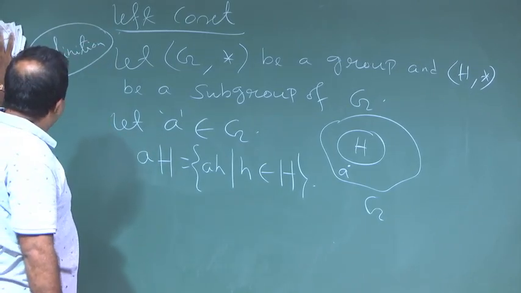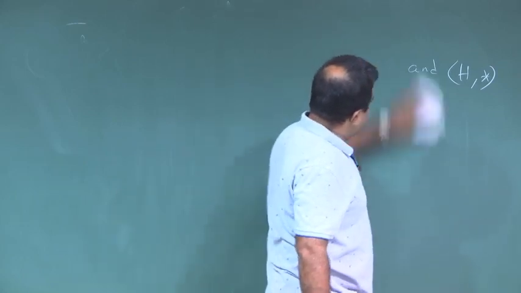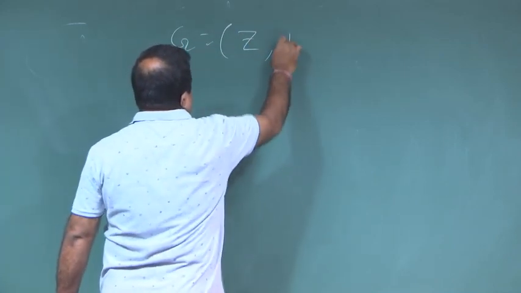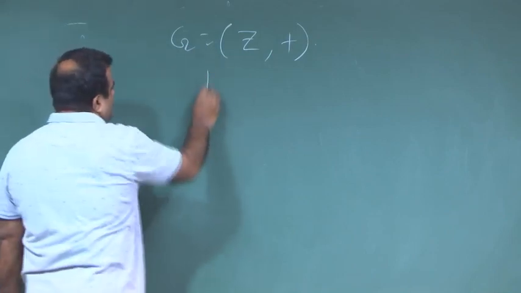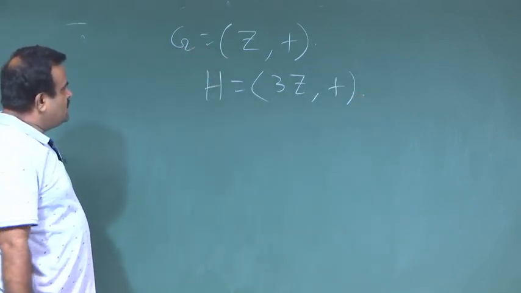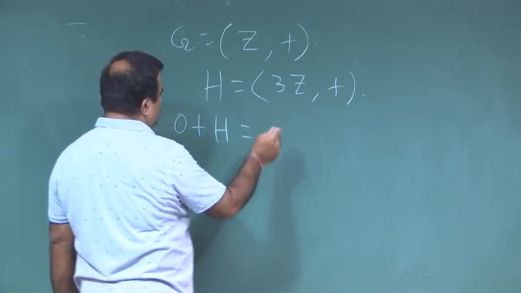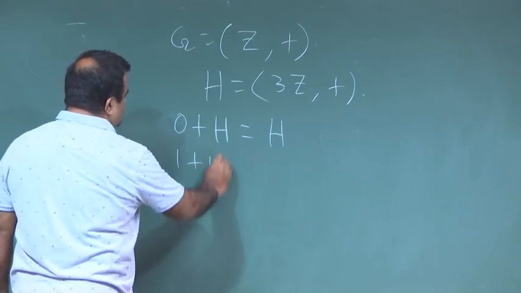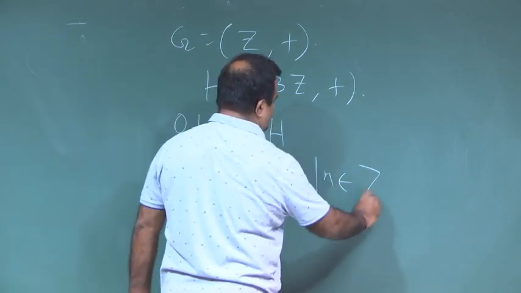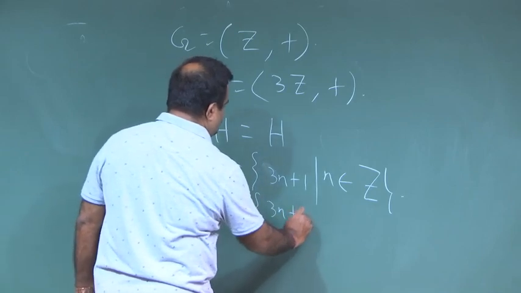For example, if we take Z, so if you take the group to be the set of integers, and take a subgroup H of G, now what are the left cosets? Left cosets will be of the form A plus H, where we take an element A from G. 0 is an element, so 0 plus H is a left coset, which is the same as H. Now, 1 plus H is basically all the elements of the form 3n plus 1, n coming from Z. 2 plus H gives 3n plus 2, like this.